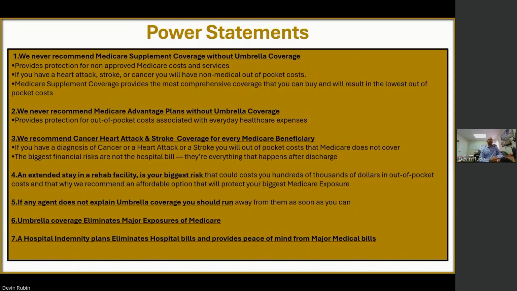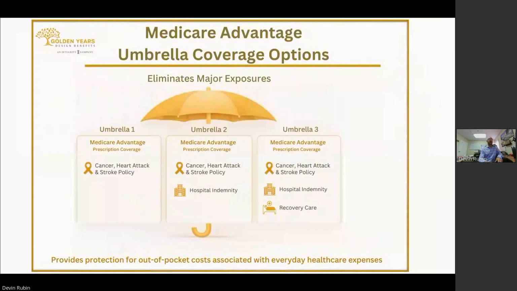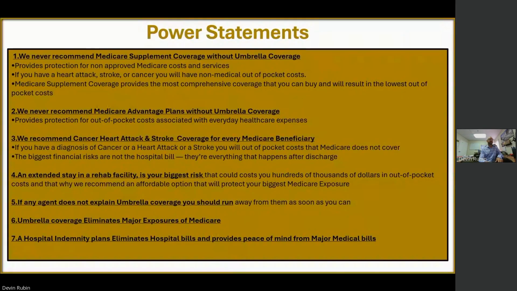So we always use these power statements to provide the opportunity, right, to add additional policies to your client's Medicare Advantage plan. And so keep it simple, expose the risk, make power statements, and provide the quote to add a Medicare Advantage plan to the hospital indemnity or vice versa.